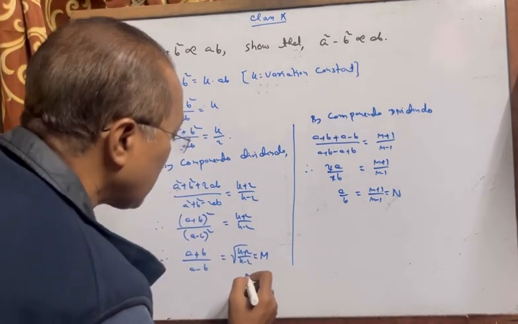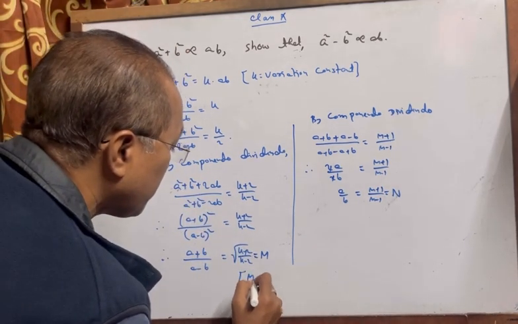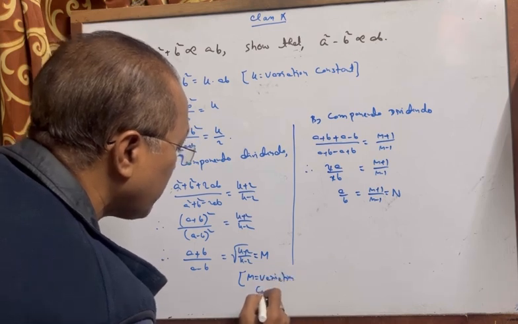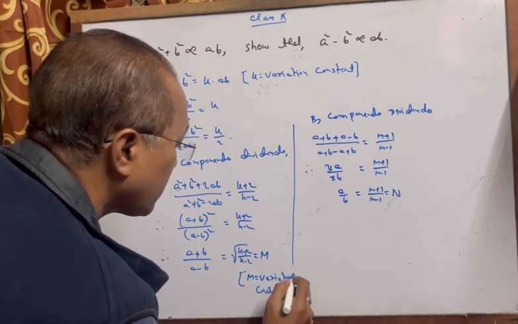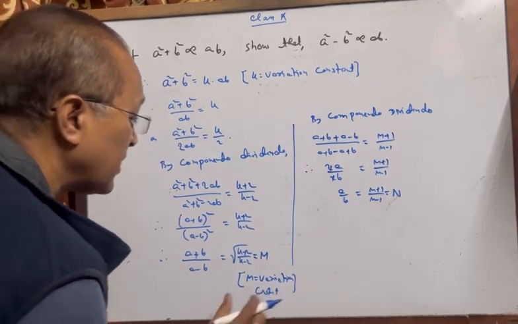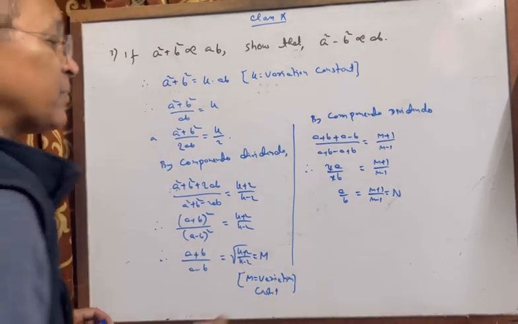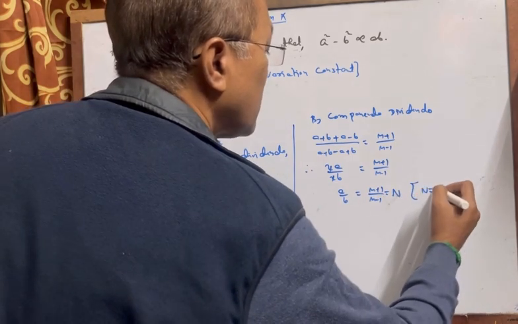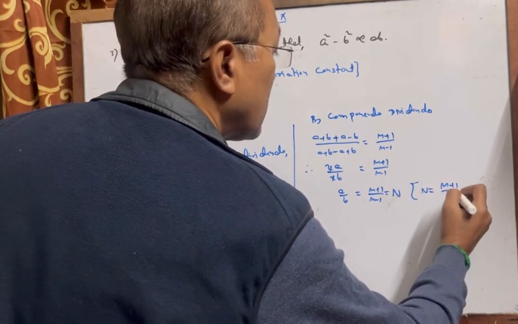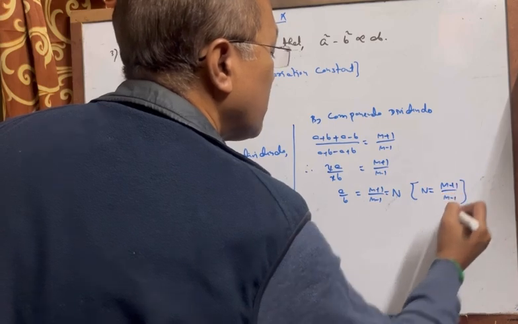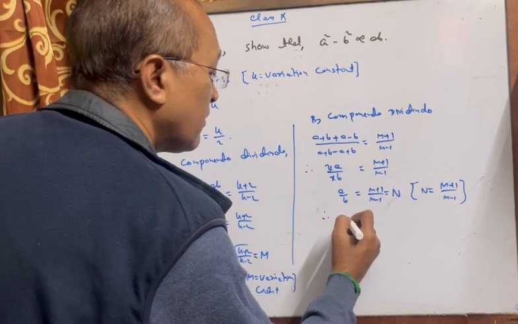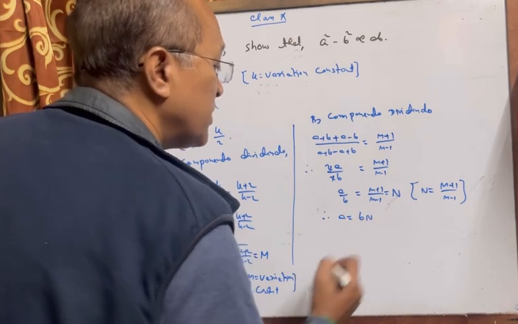Right? Here m is a constant, equal to this one, and n is equal to m plus 1 by m minus 1. Therefore, we can say a is equal to bn.